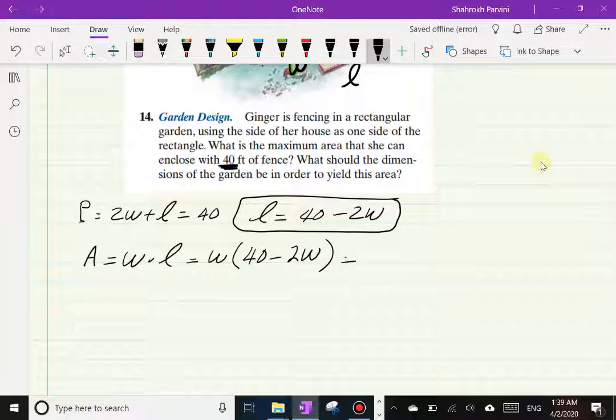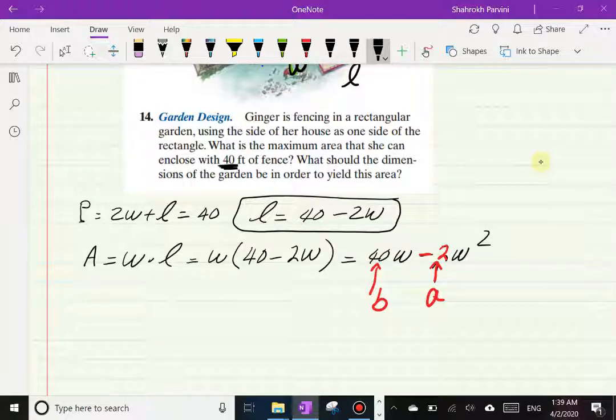And then we're going to distribute, we're going to get 40W minus 2W squared. And again, just like the previous problem, number 12, this number is A, and this is B. A is the coefficient on the squared term. So A is negative 2, B is 40.